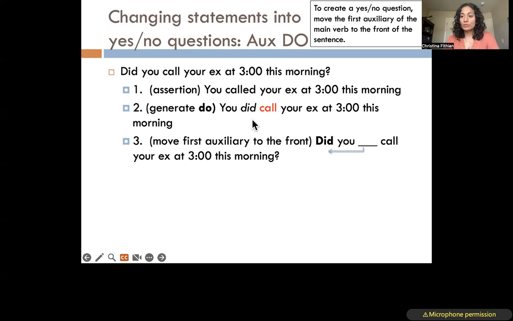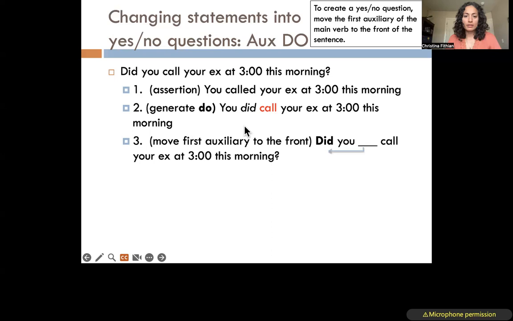So we create do so that something can carry tense. That's what's going on here. And we need to move something to the front of the sentence in order to create the question. So we have to create do for that reason. That's what the rules require. So we get, "You did call your ex at 3 o'clock this morning."